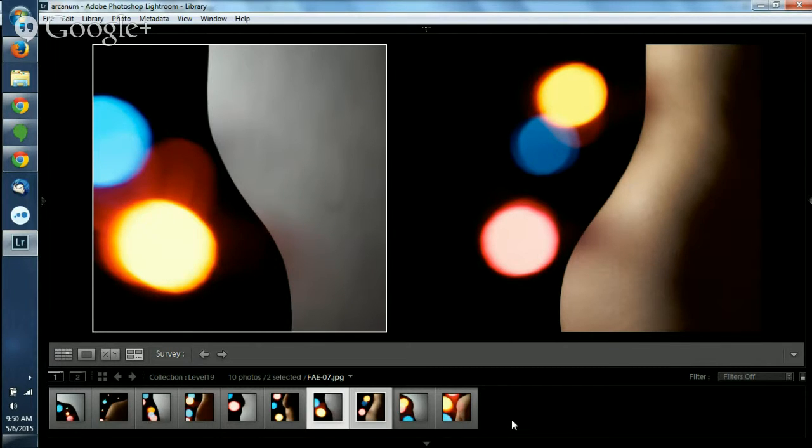You're getting the color fall off of the lights on the skin tones, and in the other one you're actually getting it on the background, which I think is really interesting. And it looks like maybe even a little bit of motion blur coming from the orange and the red light on the silhouetted one.